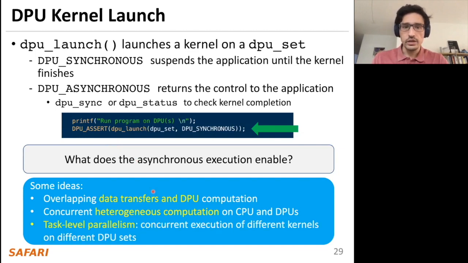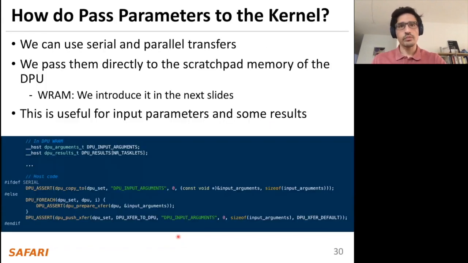And the last thing that I would suggest here is that we can use this ability of the asynchronous execution to enable task level parallelism, running different tasks on different DPU sets, as I also mentioned before. Okay, one last question regarding the kernel launch is that we typically need to pass some parameters to the kernel, right? And this is something that we can also do with serial and parallel transfers.